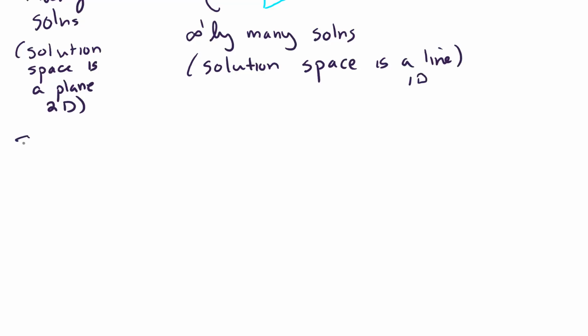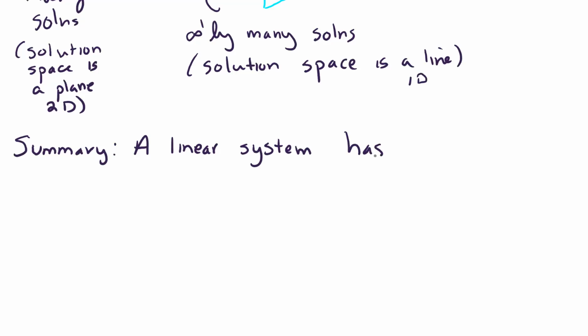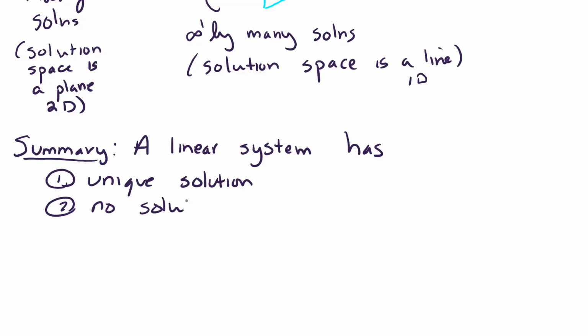Our summary: a linear system has either a unique solution, no solutions, or infinitely many solutions.